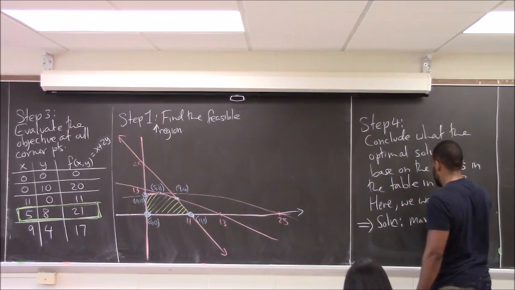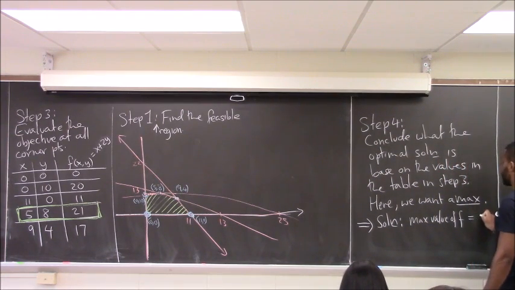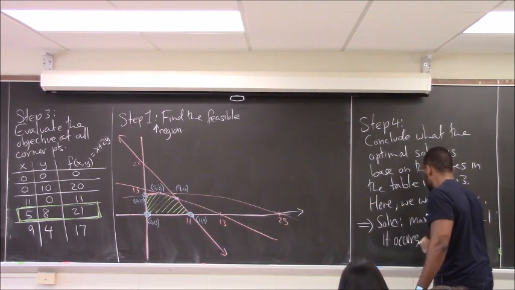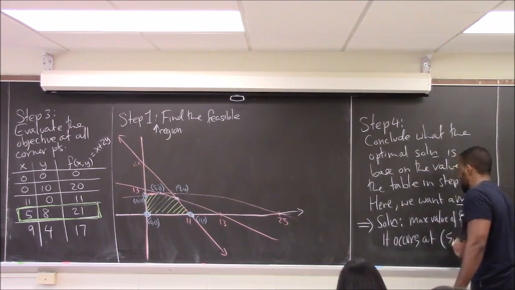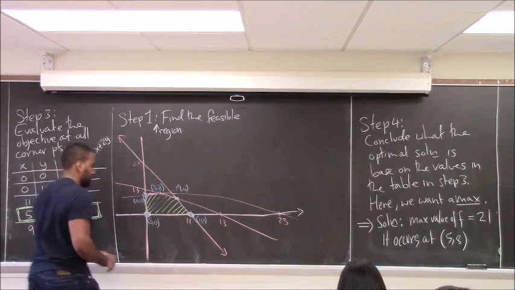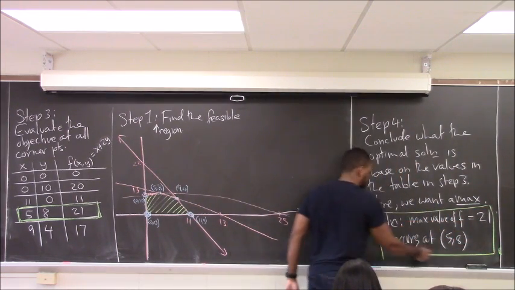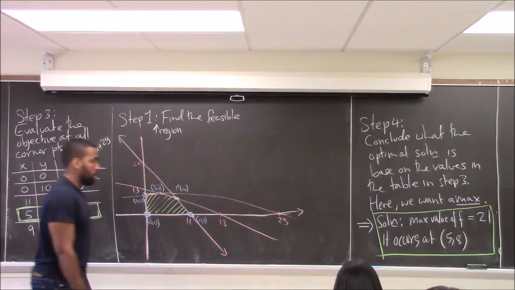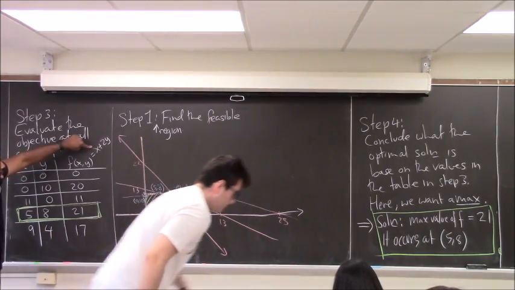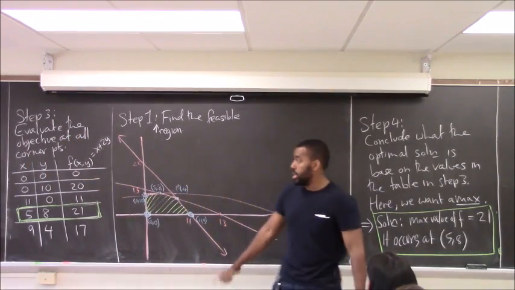The maximum value of our f is going to be 21. It occurs at the point (5, 8). On this feasible region, the biggest that function will get is a value of 21. It will not output any value higher than 21 as long as you're over that shaded region.